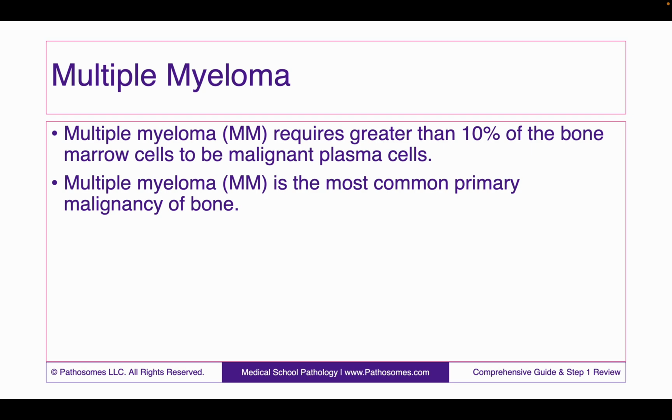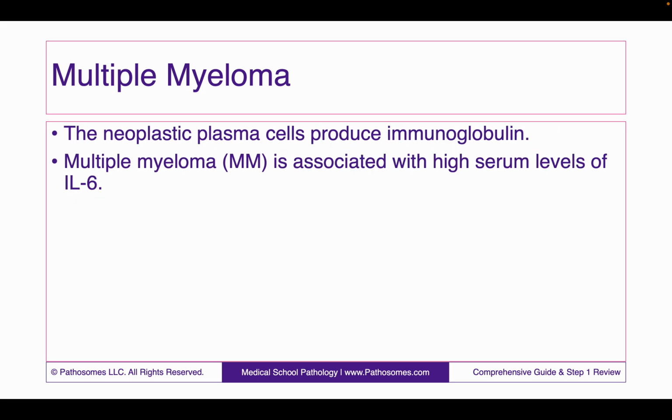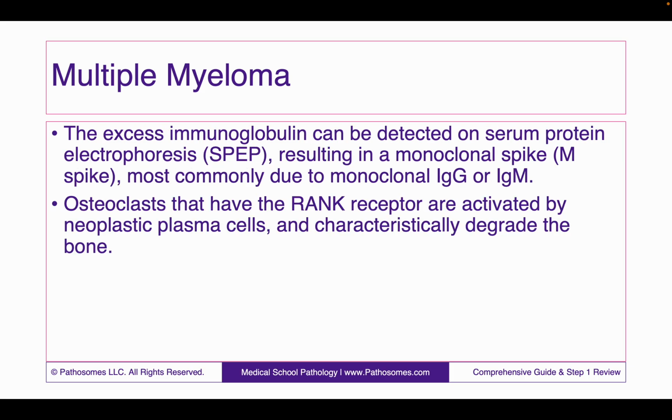Multiple myeloma is the most common primary malignancy of bone. The neoplastic plasma cells produce immunoglobulin, and multiple myeloma is associated with high serum levels of interleukin-6.